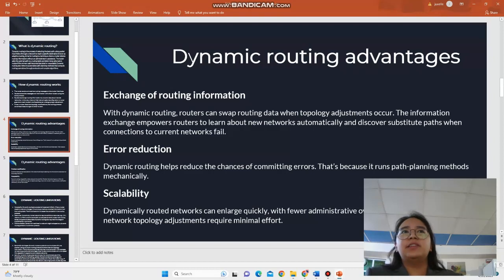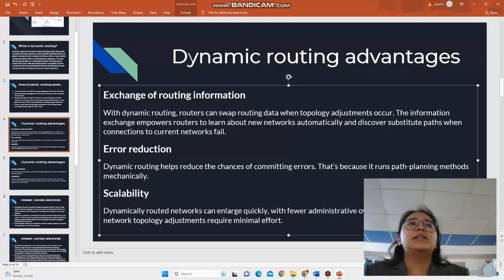The information exchange empowers routers to learn about new networks automatically and discover substitute paths when the connection to a current network fails. Then error reduction. Dynamic routing helps reduce the chances of committing errors, because it runs path planning methods mechanically.